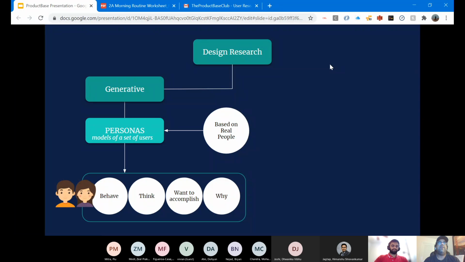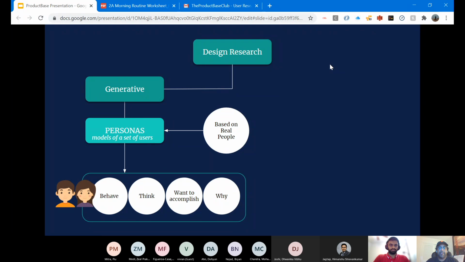So the whole point of design research is you're coming up with personas, right? And the thing about personas to keep in mind is it's very different from your target segment, right? Whenever people think about who you are building a product for, if you say, hey, I'm building it for millennials who live in urban areas, who like social networking, that's a target segment, right?